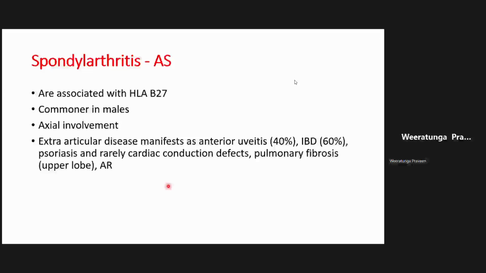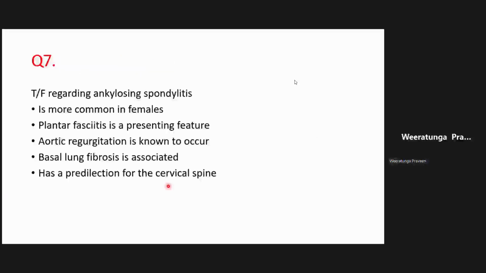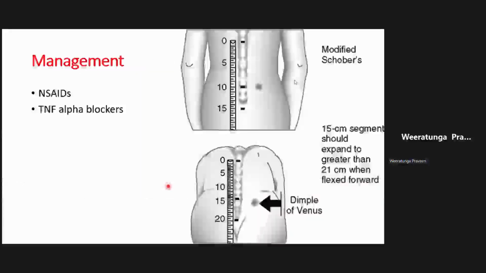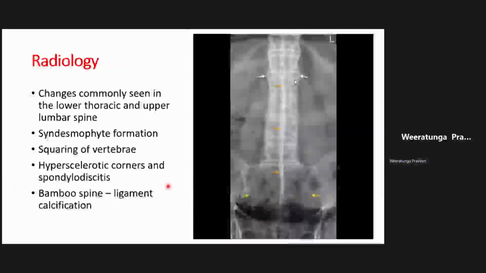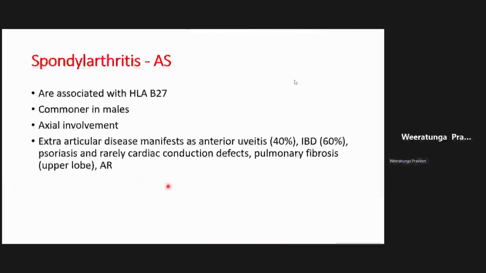Right. Okay. Now, in the long case, I introduced this word spondyloarthritis to you, and the classical example within that group is ankylosing spondylitis. Long case, certain common features about spondyloarthritis.